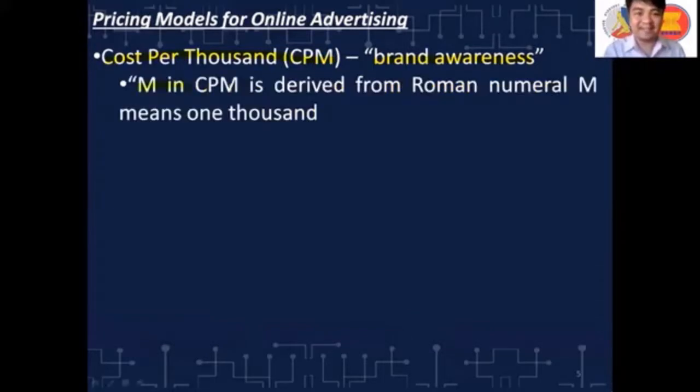The M is derived from the Roman numeral. M means 1,000, or actually milli yata yun, milli in Latin. Brand awareness, you may use the CPM scheme. Of course, at the end of this presentation, we will find out na yung iba't ibang pricing scheme po may advantages as well as disadvantages.